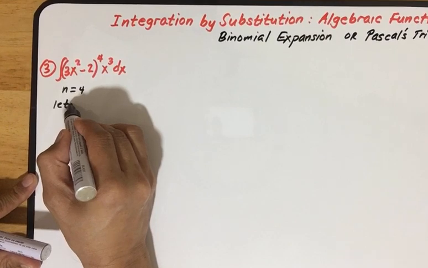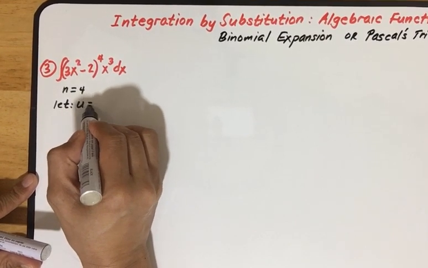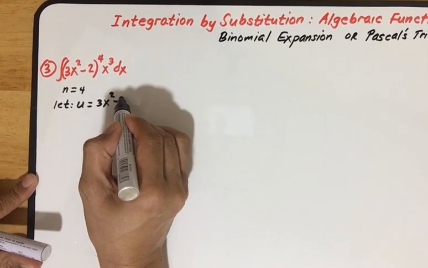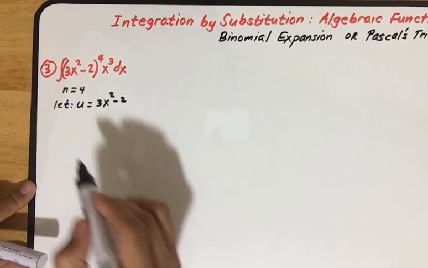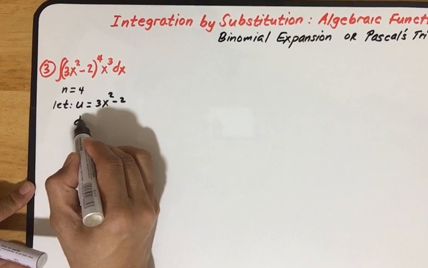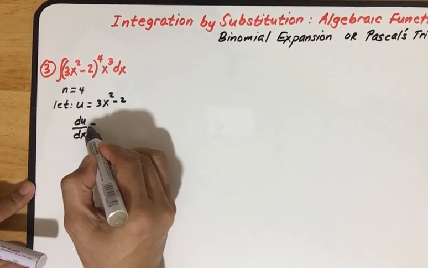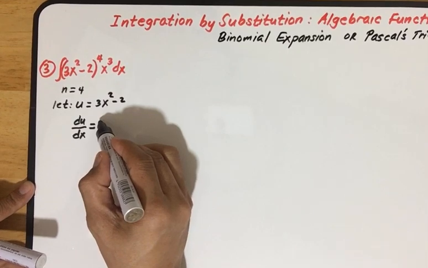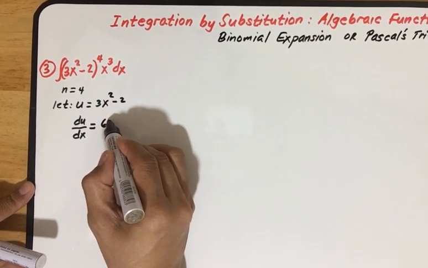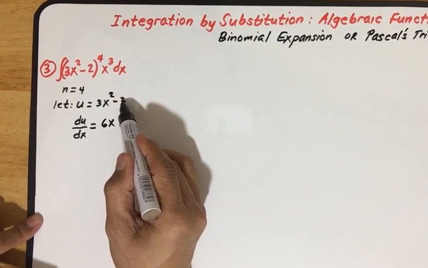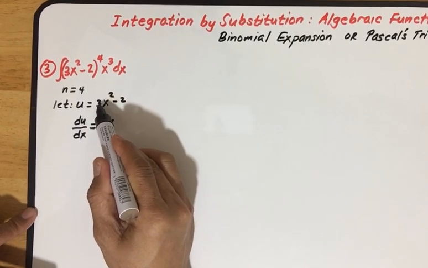Then we let u be equal to 3x squared minus 2. So if we solve du over dx from here, this will be 6x, because the derivative of the constant is 0, and the power goes down times 3.